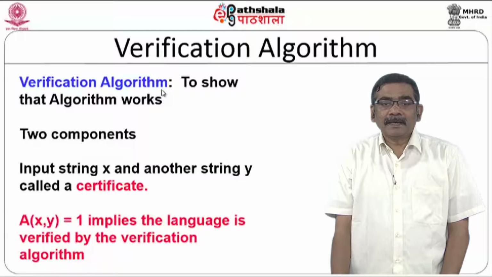For example, consider the simple problem of primality testing. Suppose I say, please generate a prime number of length 21. It is very difficult to generate that, and if the number is available, I can check randomly by giving certain values, and I can easily say whether the number is a prime number or not.